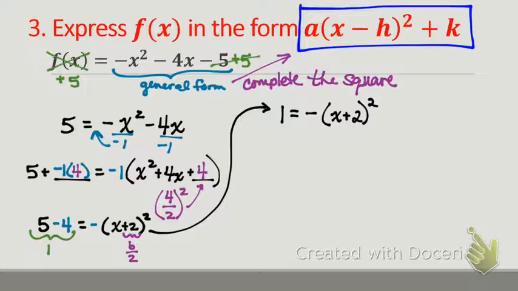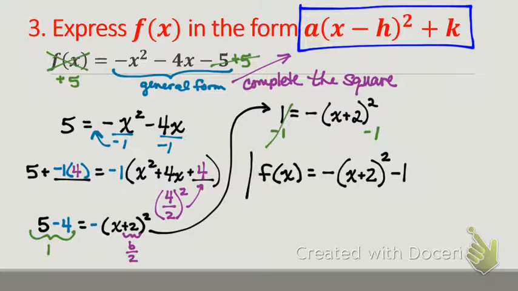So how do I get 1 to the other side? Subtract it. So now I can write my function notation, f of x equals negative (x plus 2) squared minus 1.